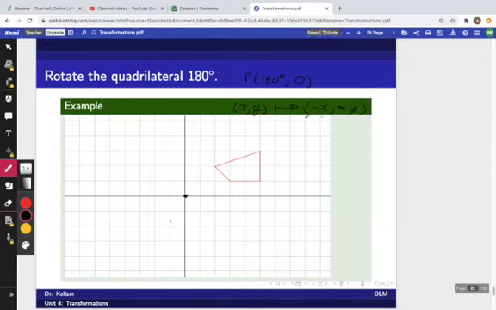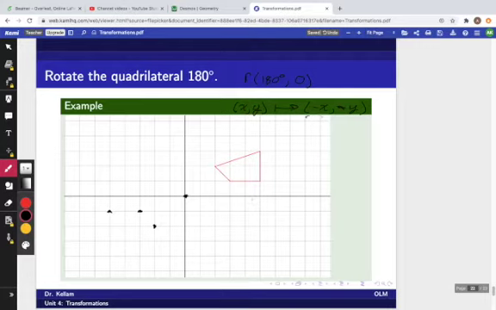So my point 2, 2 becomes negative 2, negative 2. 3, 1 becomes negative 3, negative 1. 5, 1 becomes negative 5, negative 1.